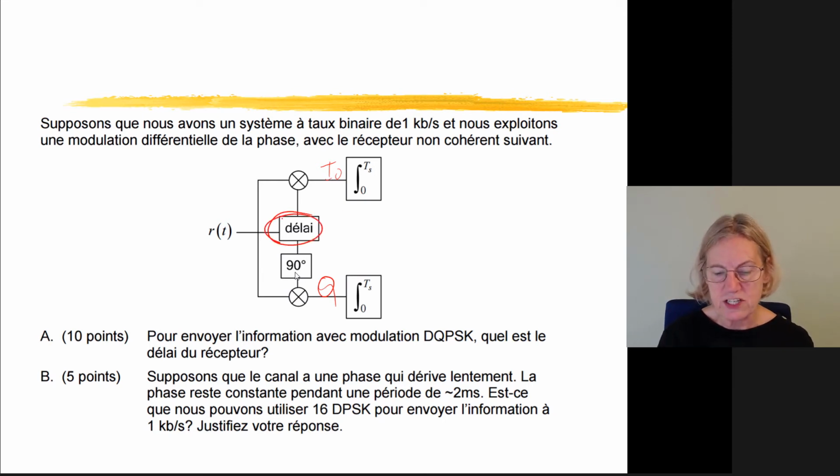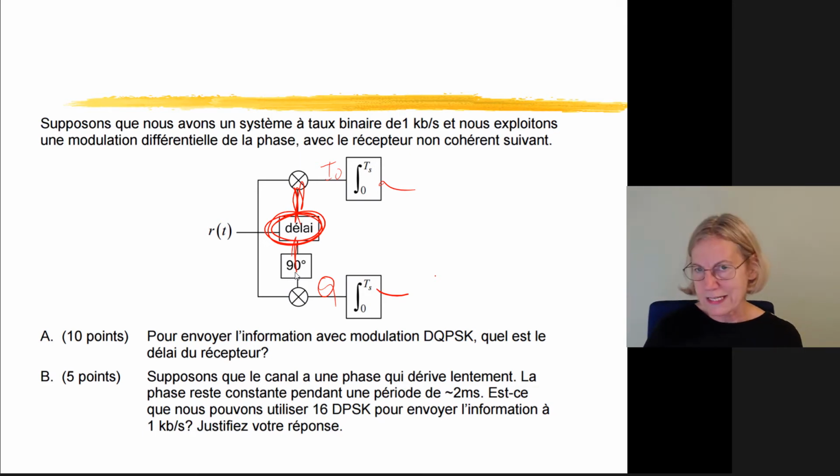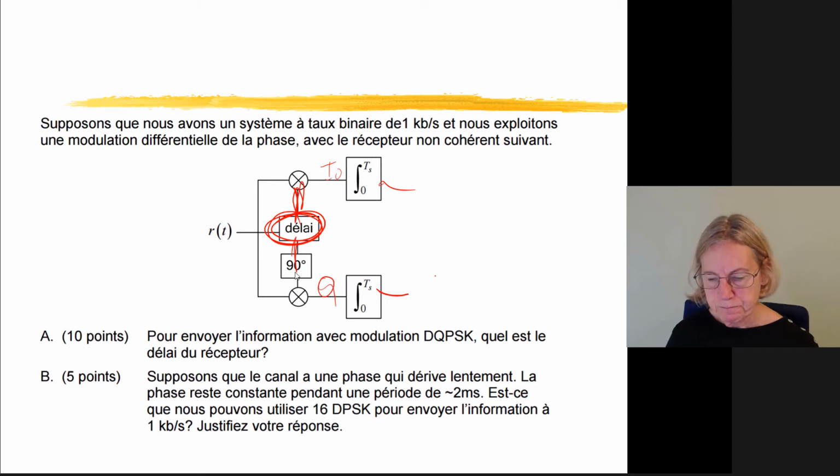I come in and have a delay, and this is the cosine branch, and then of course I do 90 degrees out of phase, and that gives me the sine branch. Now I have my coordinates, I could do my arctangent or whatever, and find the estimate of the phase.